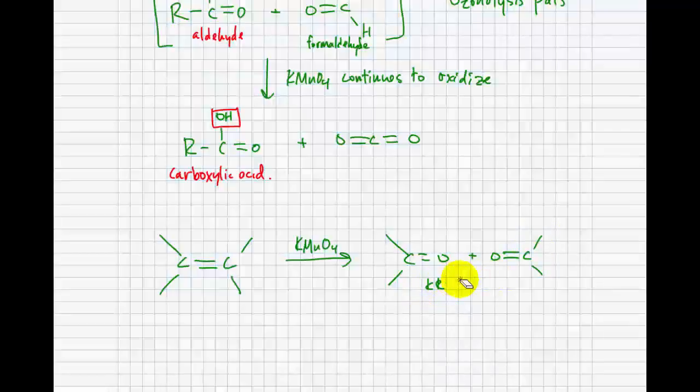Ketones, since they have no H's along those C's, cannot be oxidized. So it stops there. Turns out we would get the same products if I did ozonolysis. So for tetrasubstituted double bonds, it doesn't matter if we use permanganate or ozonolysis. Same products.